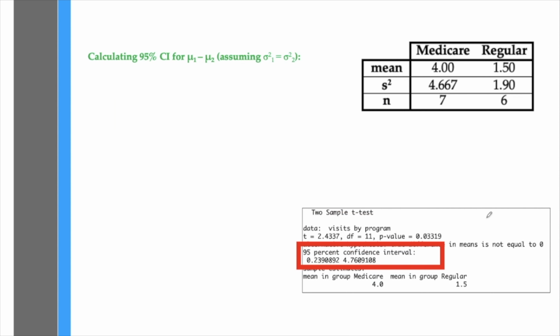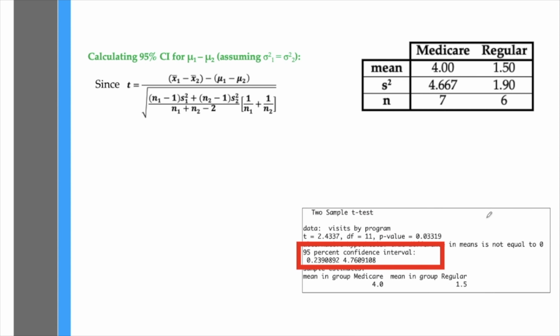So note that we computed t in this form. And what we're interested in here is mu sub 1 minus mu sub 2. So if this is what we're after, we simply have to cross multiply this standard error. So that's t times this square root here, which is equal to x bar 1 minus x bar 2 minus mu sub 1 minus mu sub 2.